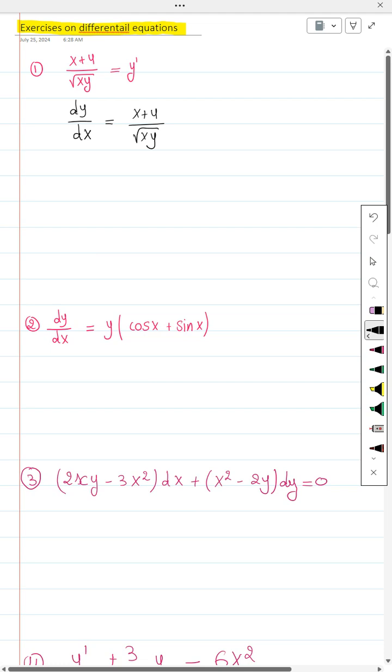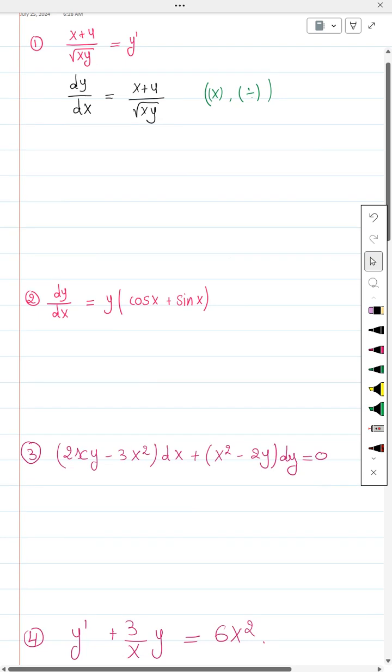The first step is to think if it's a separable differential equation. We should replace y prime by dy over dx. We get dy over dx equal to x plus 4 over the square root of xy. The square root of xy is the square root of x times the square root of y. Since we have only multiplication and division, it is a separable differential equation.